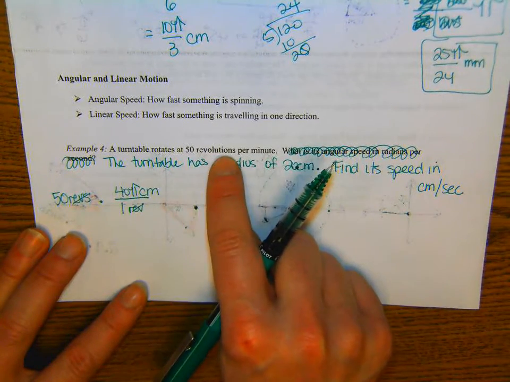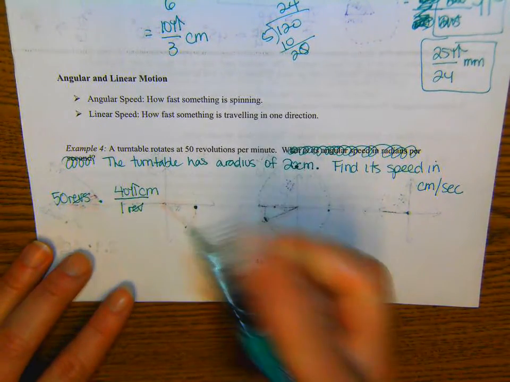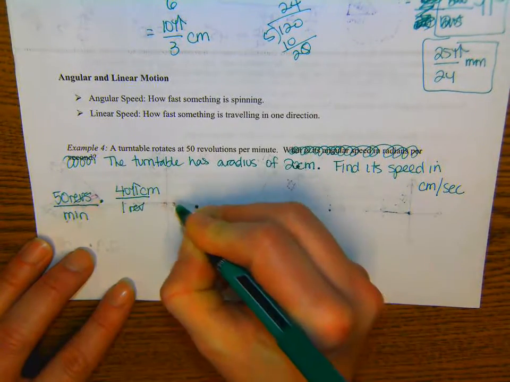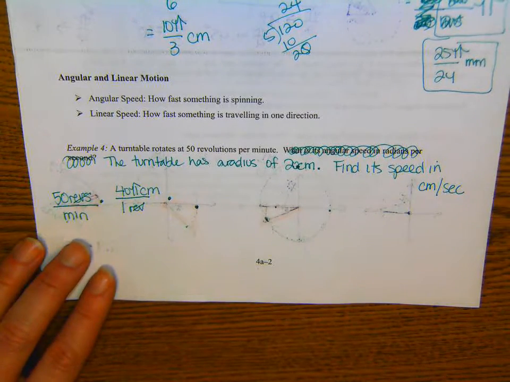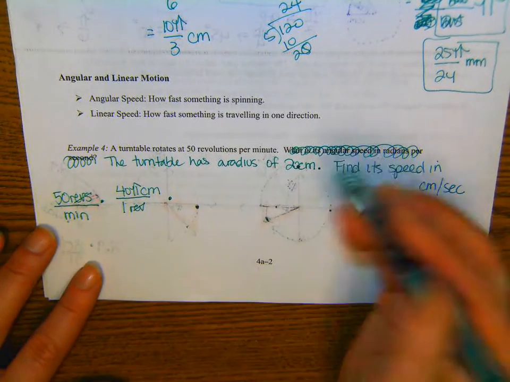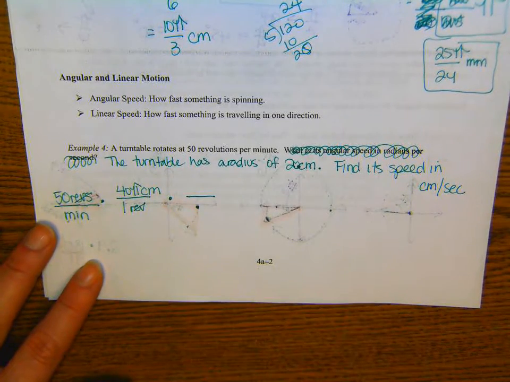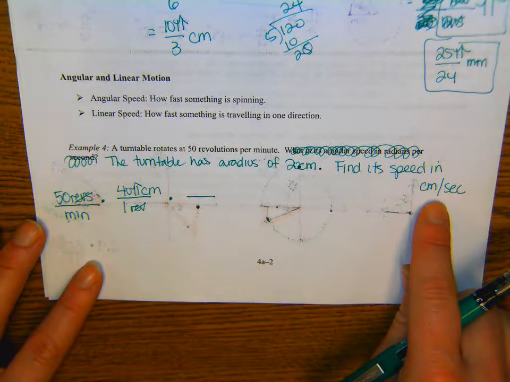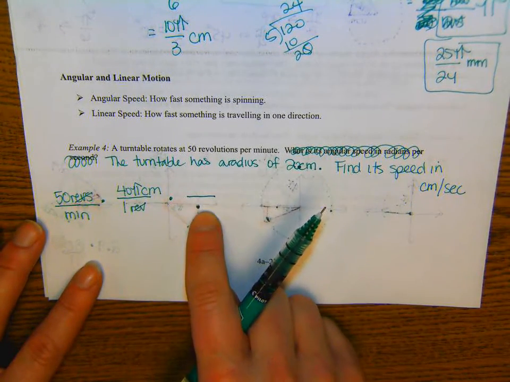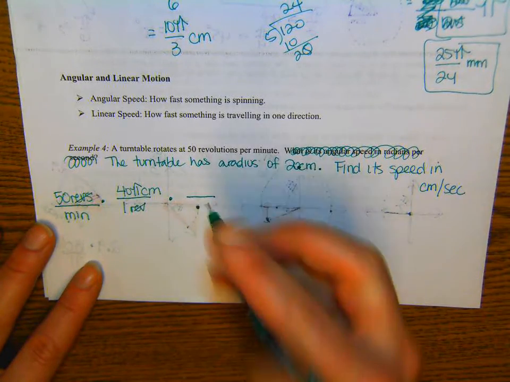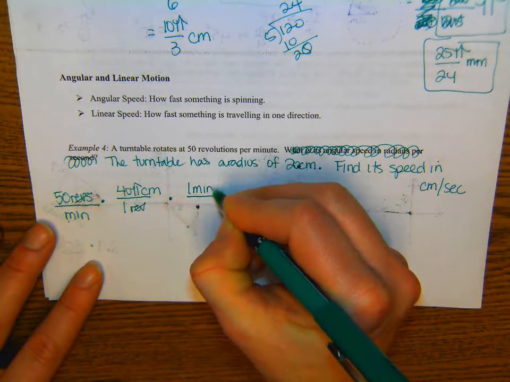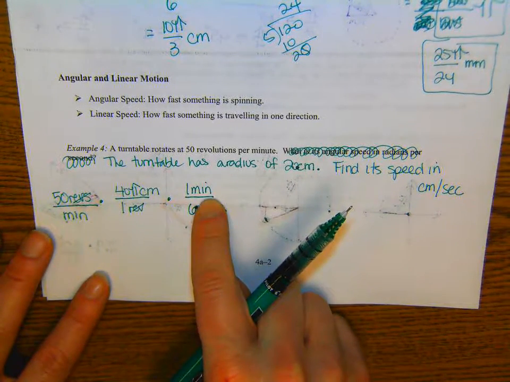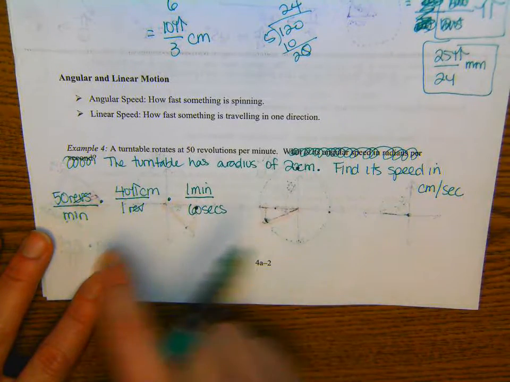This was actually 50 revolutions per minute, right? So this was actually over per minute. Now, this is not something new. How would I get that minutes on the bottom to be seconds on the bottom? What goes on top, what goes on bottom? 1 minute goes on the top, 60 seconds goes on the bottom, because I want the word minutes to cancel, so I have to put one on top, one on bottom.